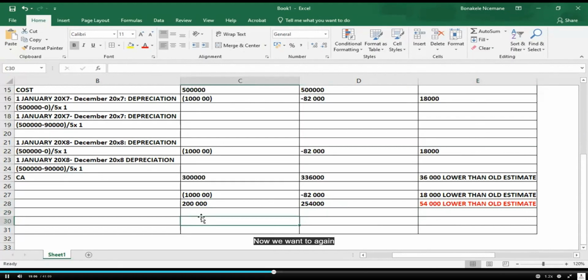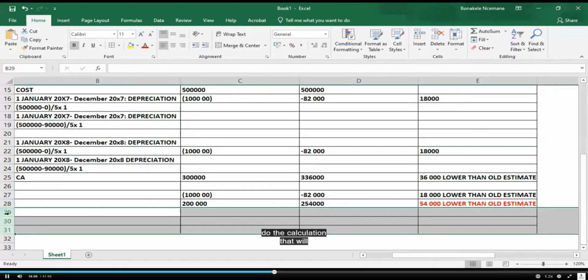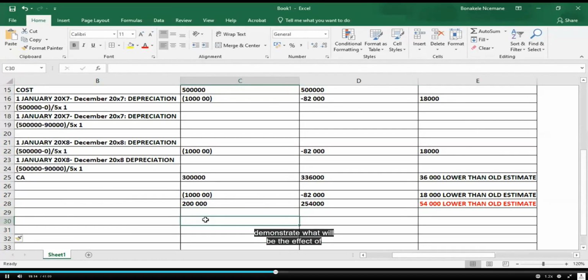Now we want to again do the calculation that will demonstrate the effect of this change in estimate on the future depreciations.